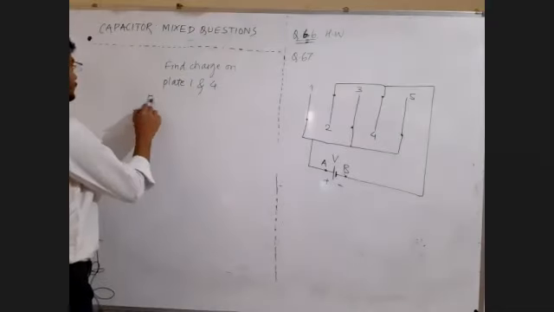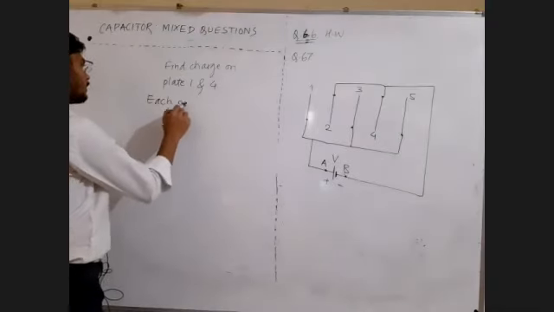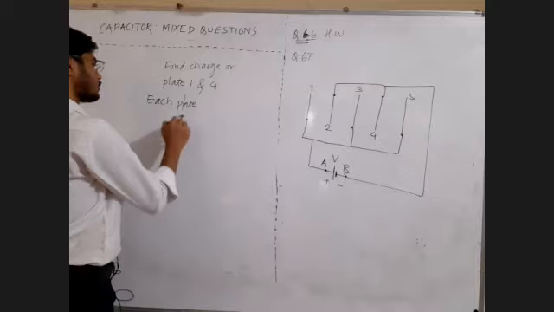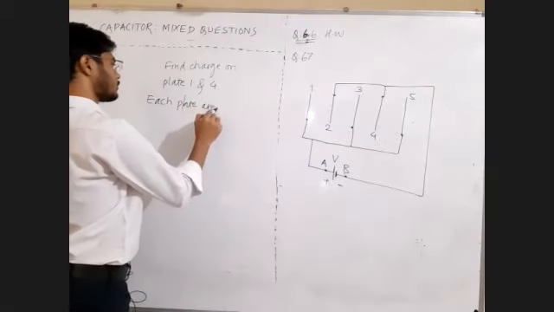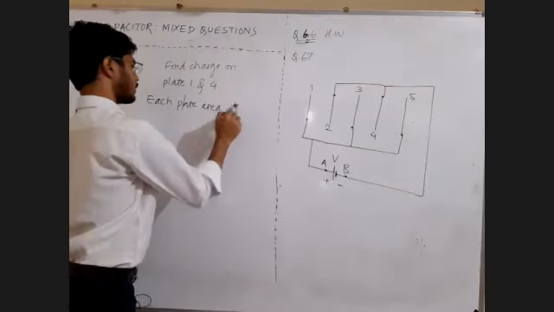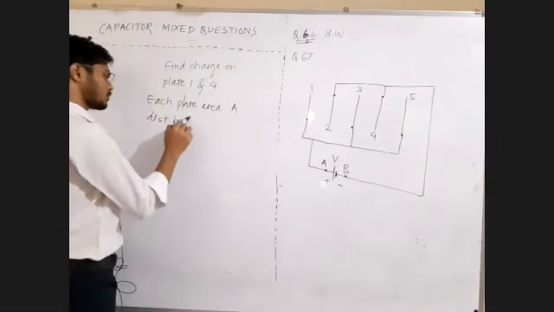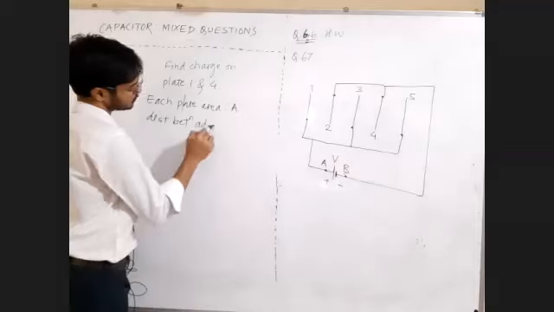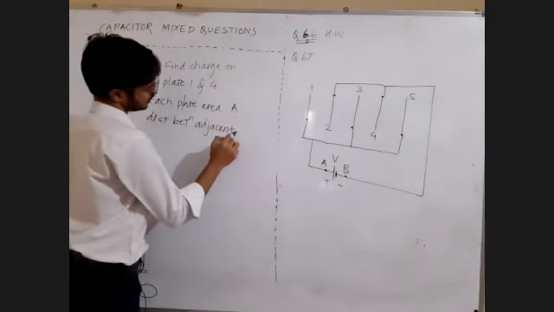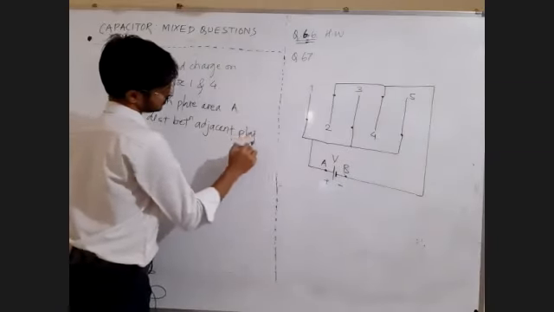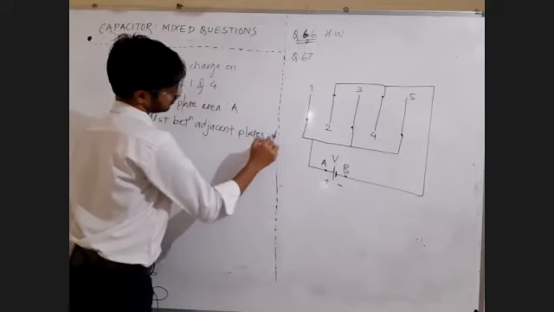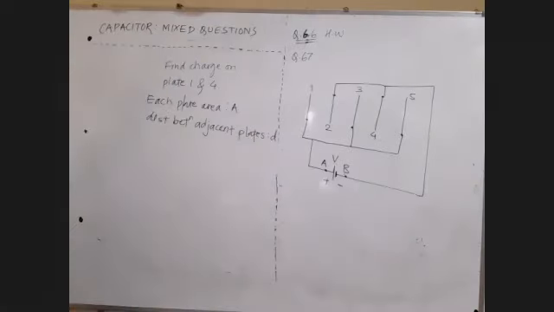Each plate area is A. The distance between adjacent plates is equal to small d. This is the data which we are given.